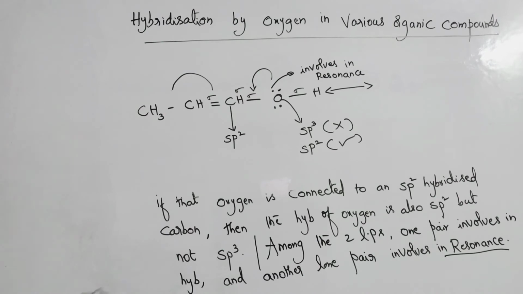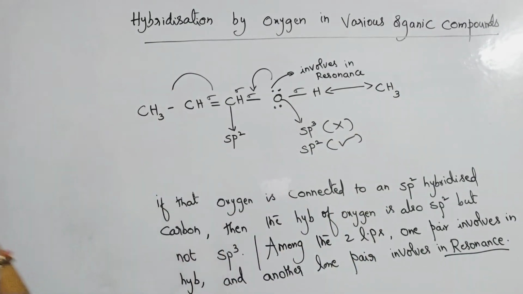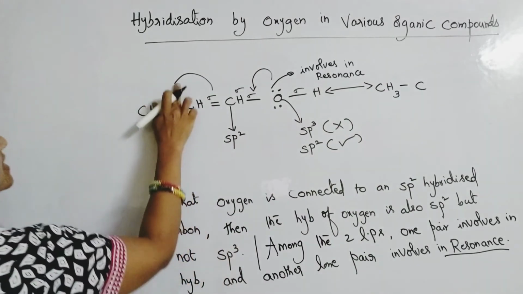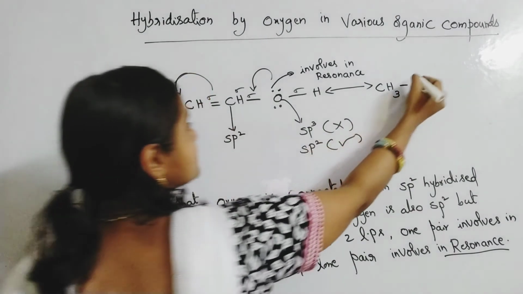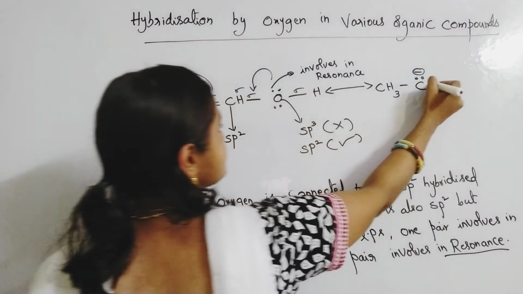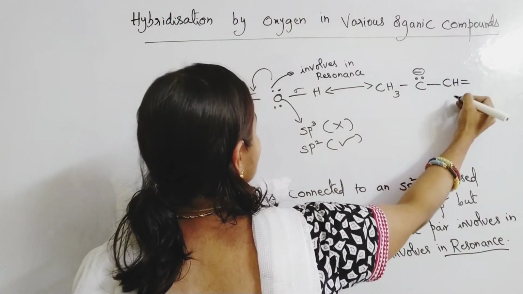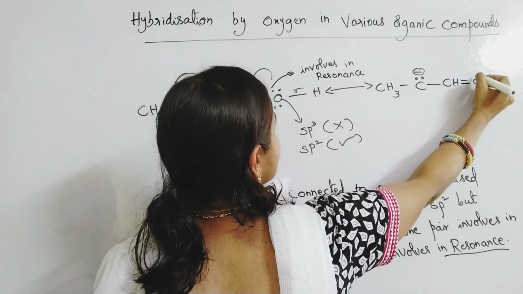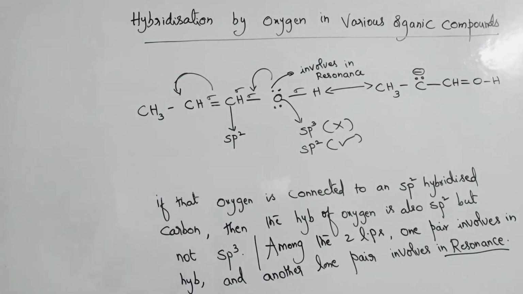So what you will get is the resonating structure: CH3, single bond C, and for this carbon atom one pair of electrons will be present, so negative charge it will get, and this becomes single bond, and CH double bond, oxygen single bond H.